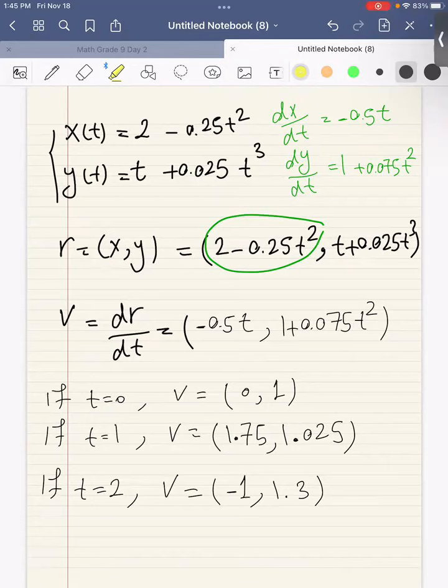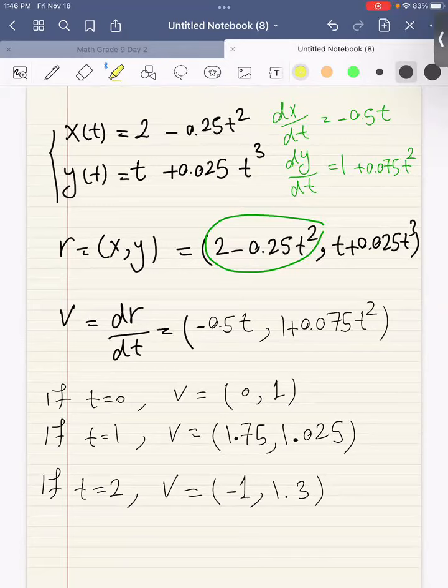Clear? So maybe they want you to find the speed at t equal to 2 and the direction of the velocity. If you want to find the direction, this is basically the direction. But you can also identify the angle of this direction. So you have this vector.